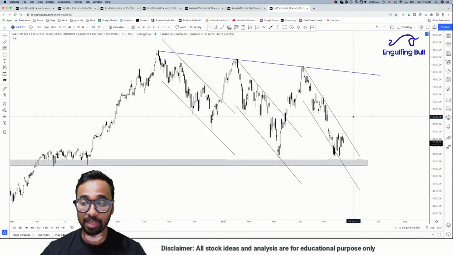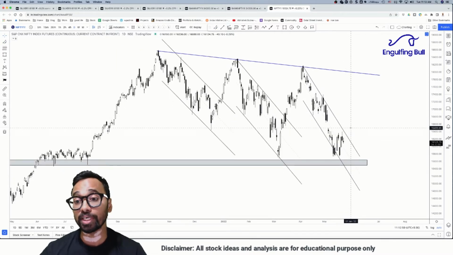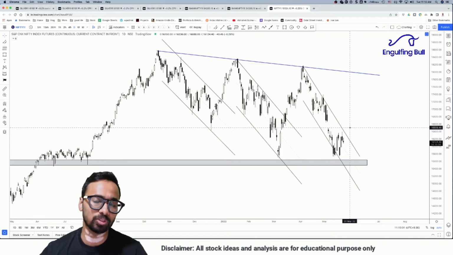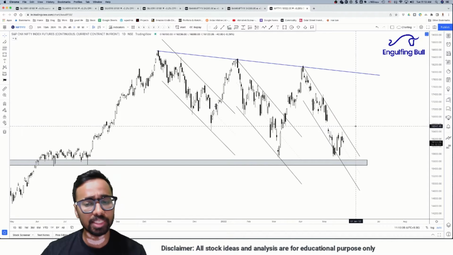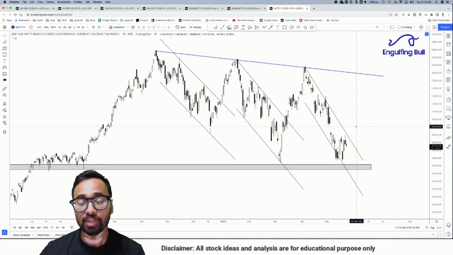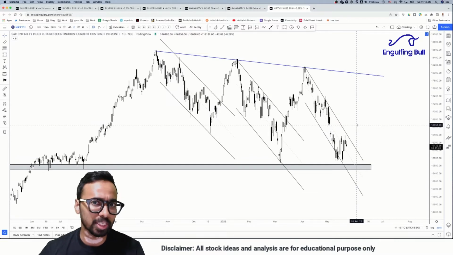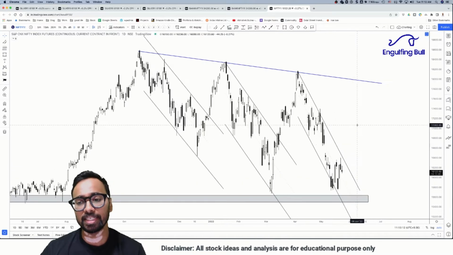Maybe you're waiting for a breakout of this trend line, and then you can enter on the buying side. If you are already in the technical analysis world and know how to do this yourself, then the best part is: draw your lines, wait for confirmation, and trade accordingly.